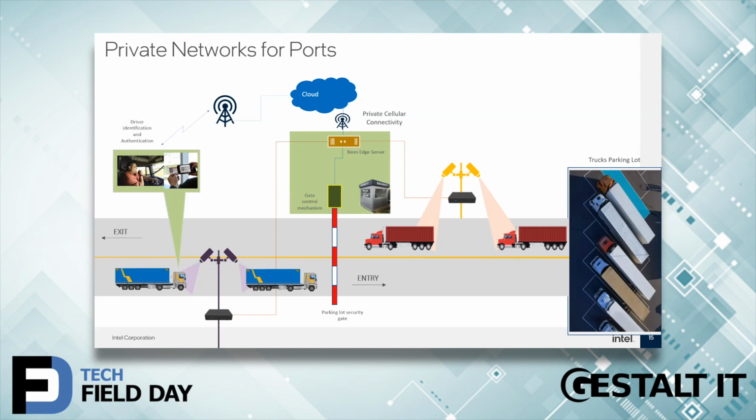Because when you look at these ports, the service providers have no subscribers there, so there is no incentive for them to put infrastructure there. When you don't have the infrastructure, you don't have the connectivity. When you don't have the connectivity, it's very difficult to automate the whole process. With the help of private network, now we can put the connectivity in place.